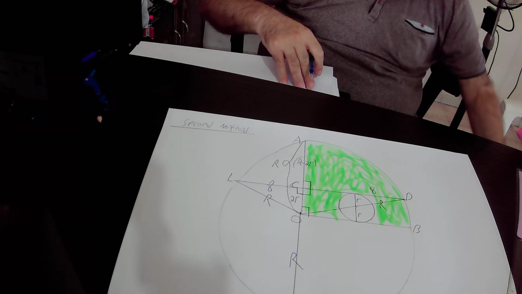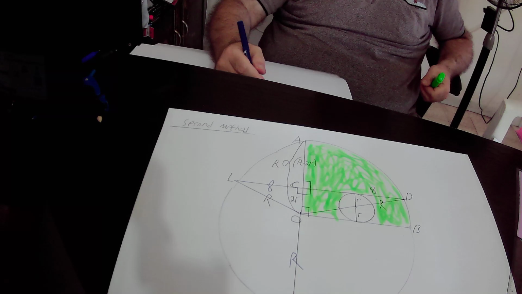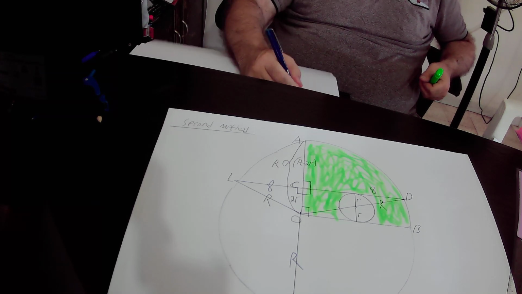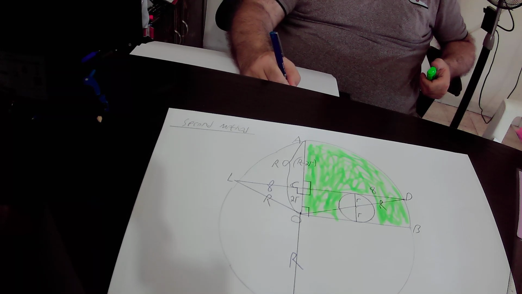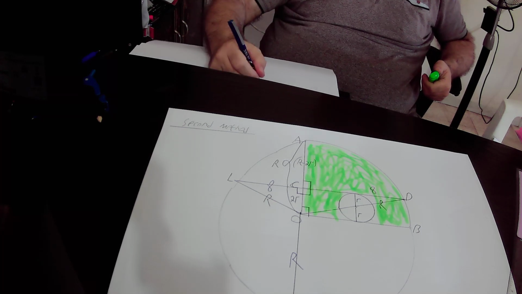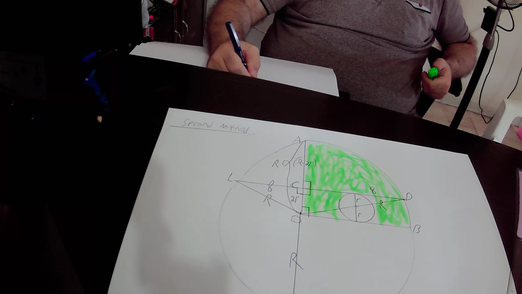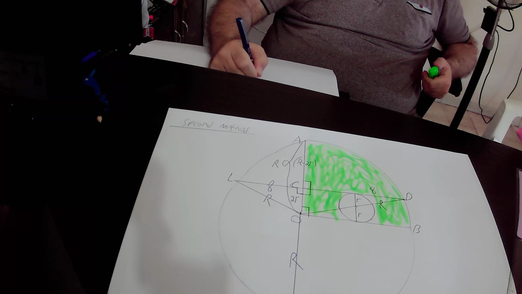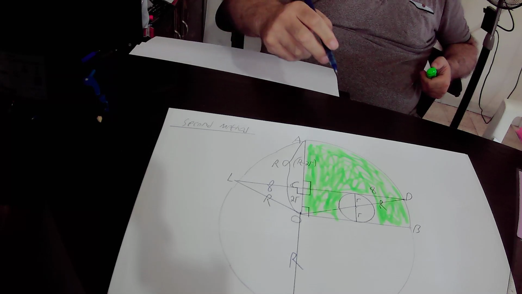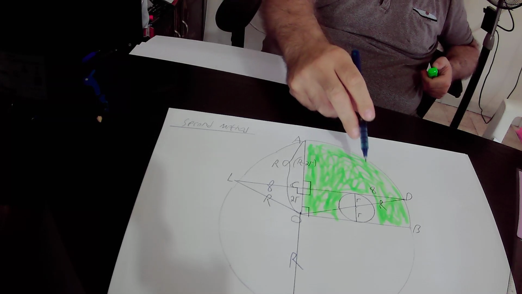And what is the area of the green shape? The area of the green shape is equal to the area of the quarter circle minus the area of the small circle.